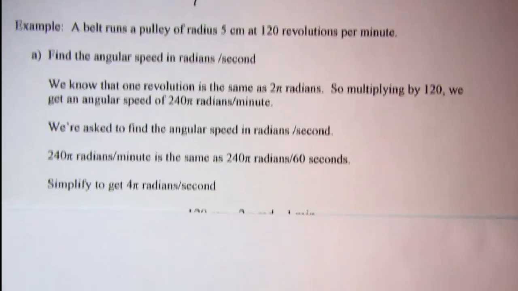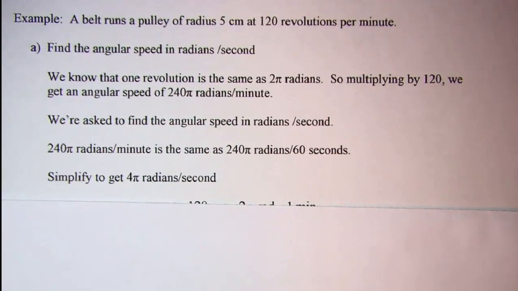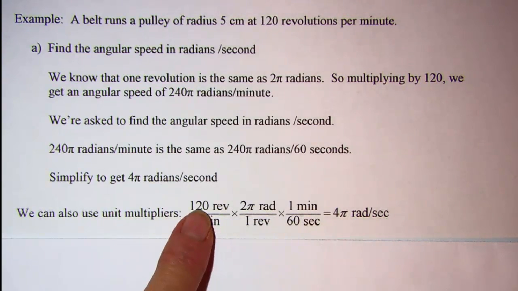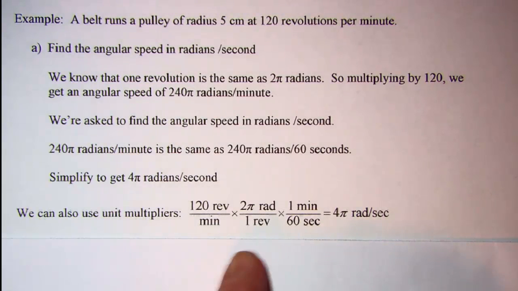Now we can also do that problem with unit multipliers if you like using unit multipliers. If we start out with 120 revolutions per minute, that's in our problem. And then to get rid of the unit revolutions, we know 1 revolution is the same as 2 pi radians.